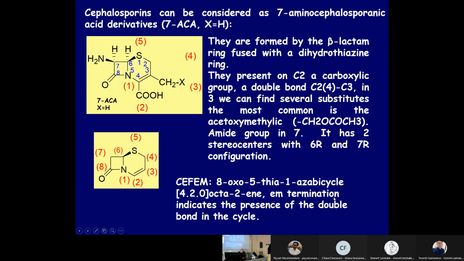Once again, we can analyze the chemical name of these two ring systems. We have a beta-lactam, four atoms, and then we have a six-member ring. In this case, we say bicyclo 4.2.0 octa-2-ene.